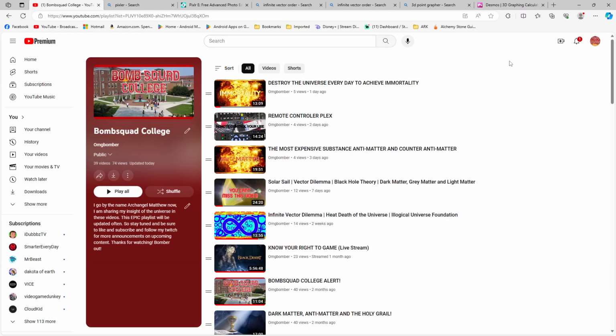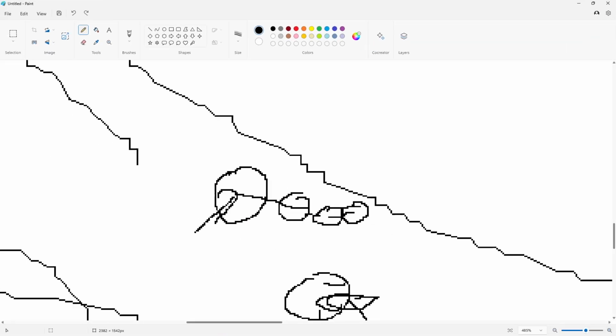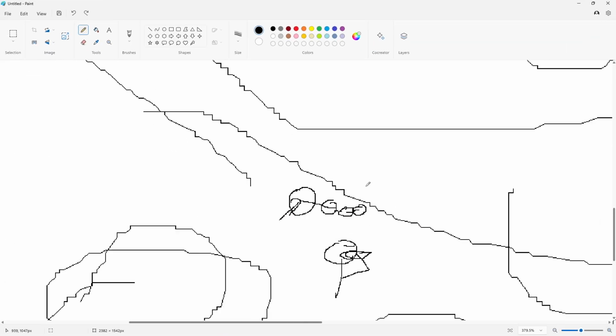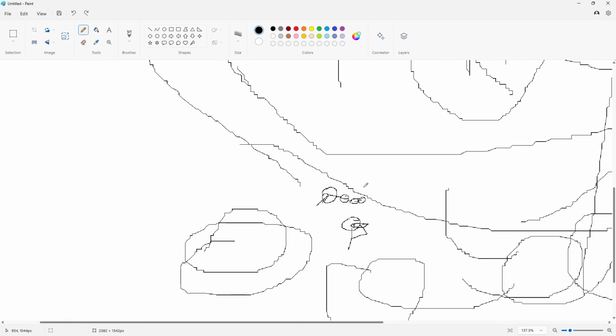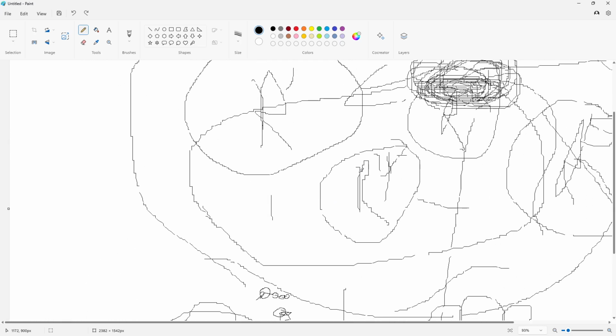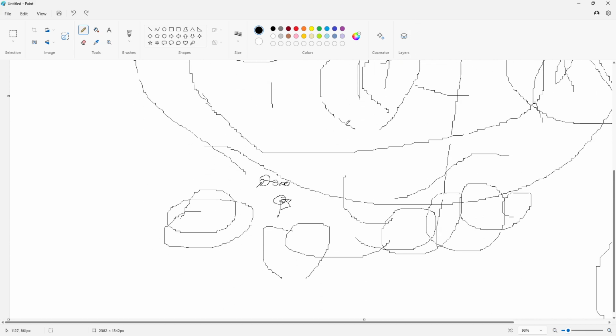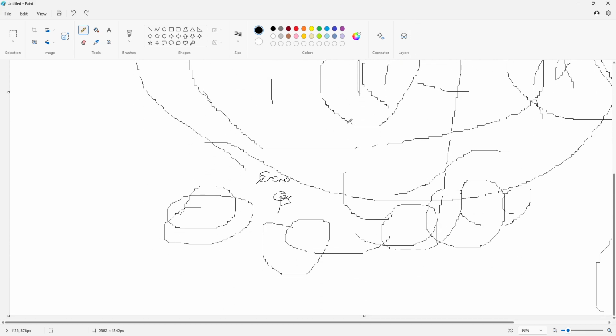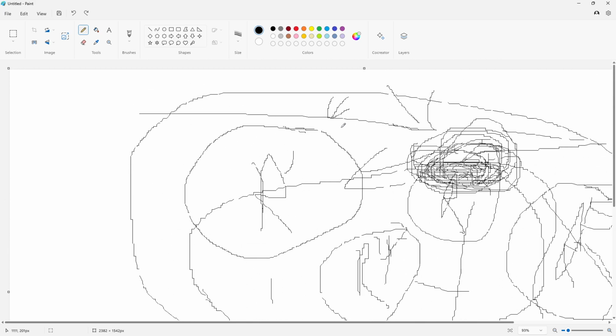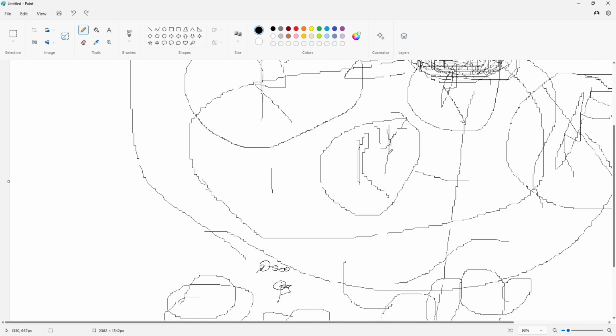Okay, and that's what Destroy the Universe every day to achieve immortality meant. All right, it meant this. That is actually an example of infinite vector order. That's assuming there is no root smallest mass. No root smallest mass is also equals MC squared.